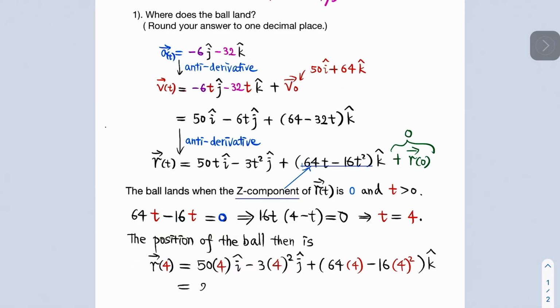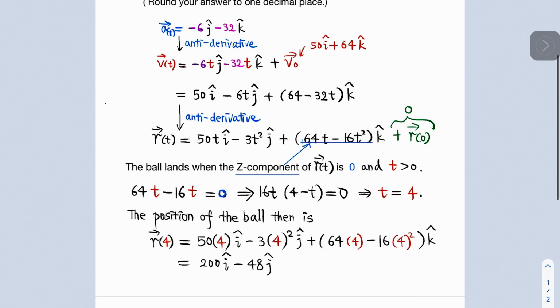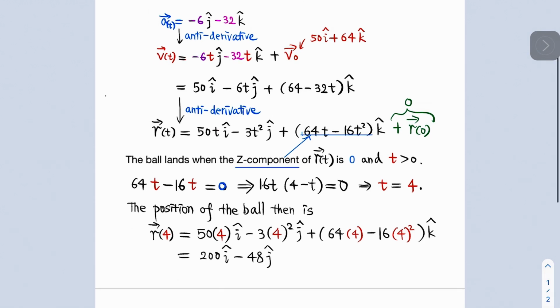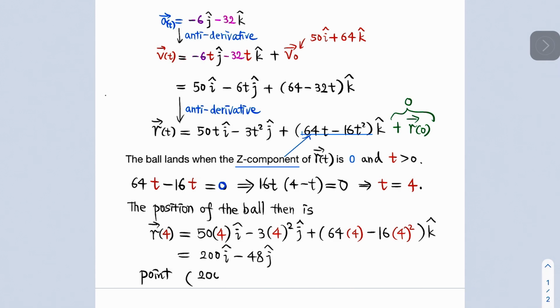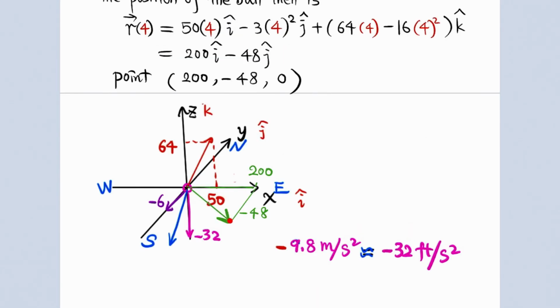Simplifying, we get 200i - 48j. Equivalently, this is the point (200, -48, 0). The ball is going to land at this point, where along the i component you have 200, along the j component you have -48, and the z component is 0. So it lands on this point on the xy plane.